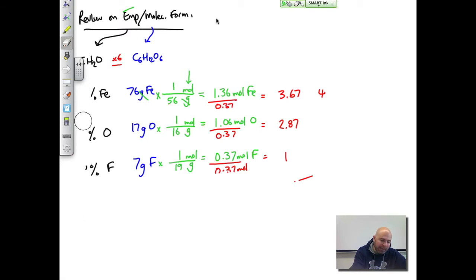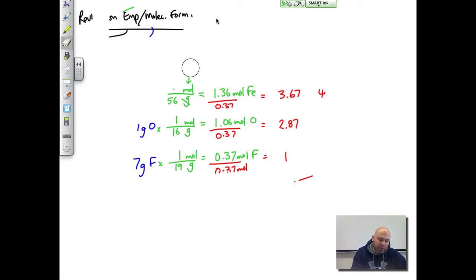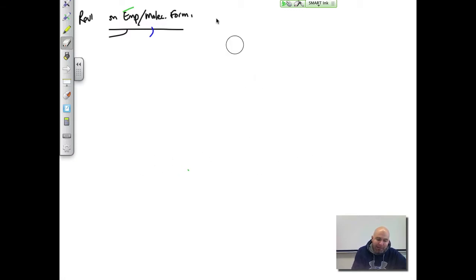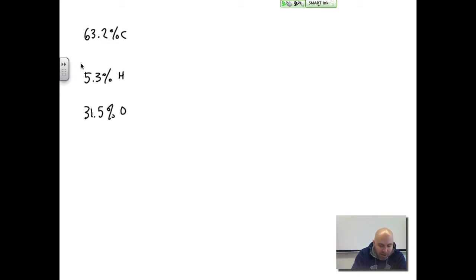So a molecular formula, and again, this is review. Let's say I have a problem that says you have vanillin. Vanillin is a compound that's the flavoring in vanilla. Its percentages are 63.2% carbon, 5.3% hydrogen, and 31.5% oxygen.